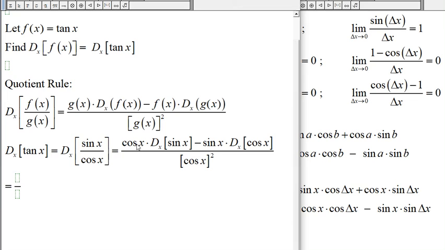So we have cosine of x, and we just did this one. The derivative of sine of x is cosine of x. And then this is sine of x. The derivative of cosine of x is negative sine of x.